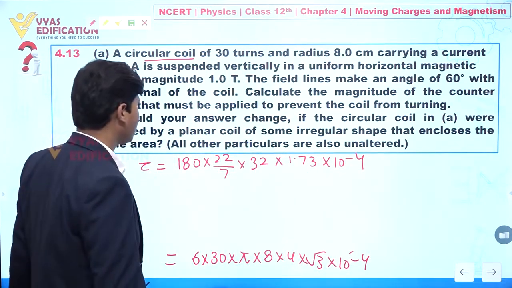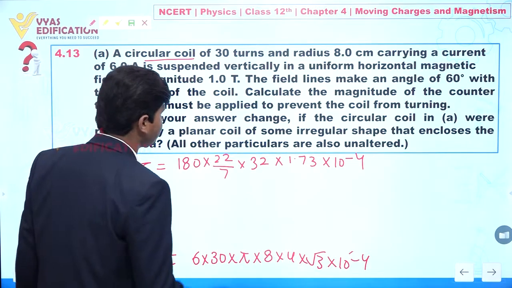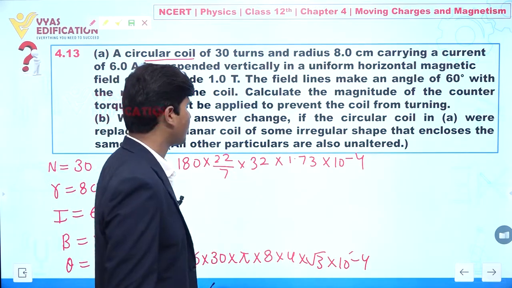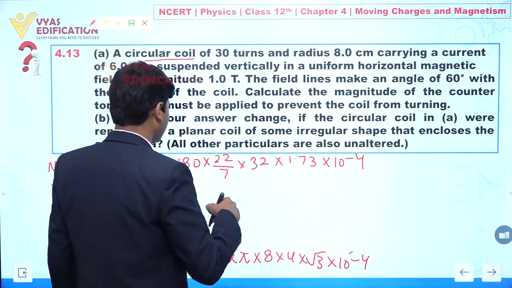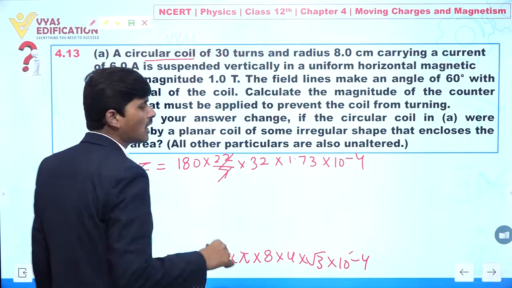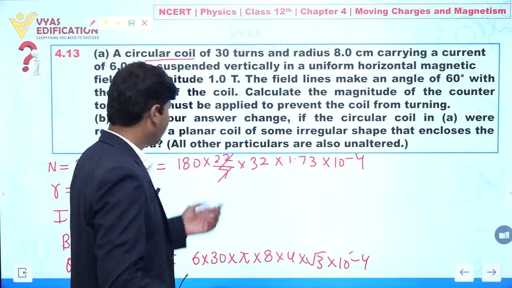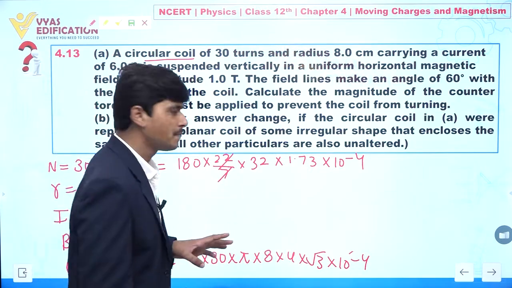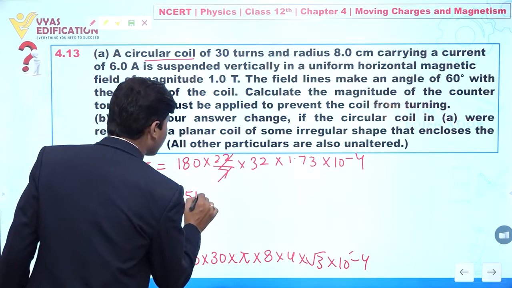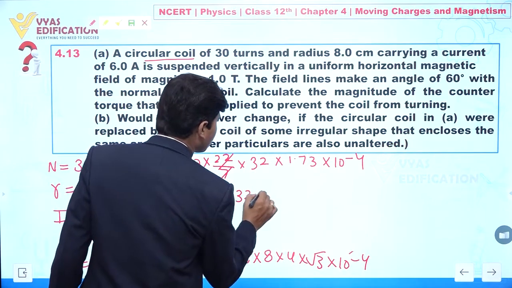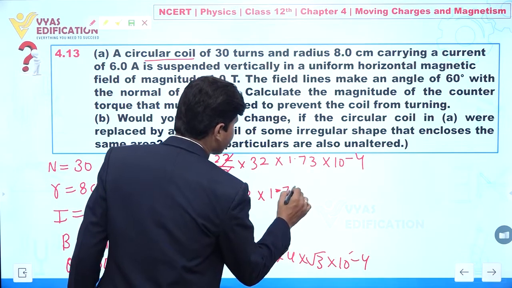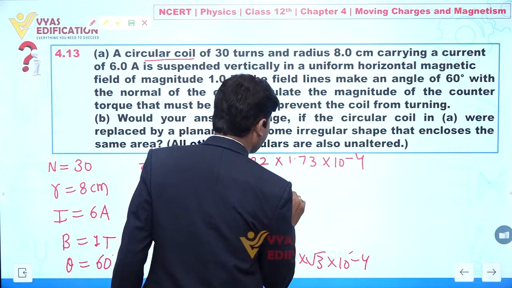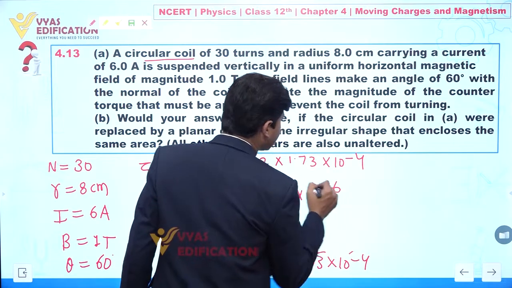Here I am taking the value of pi approximately as 3. So this is 540 into 32 into 1.73, or you can write it as 173 into 10 to the power minus 6.